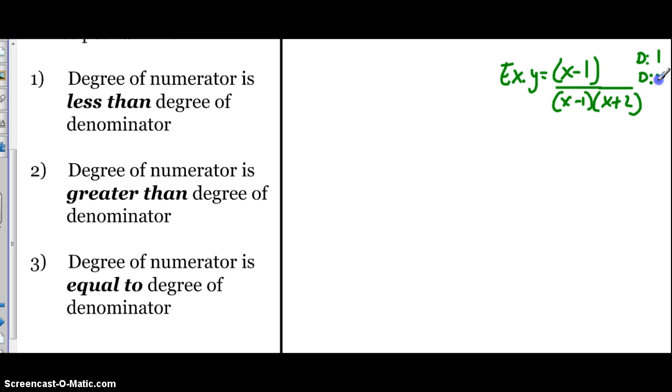So here the degree of the numerator is 1 and the degree of the denominator is 2, so the numerator is of lesser degree than the denominator.